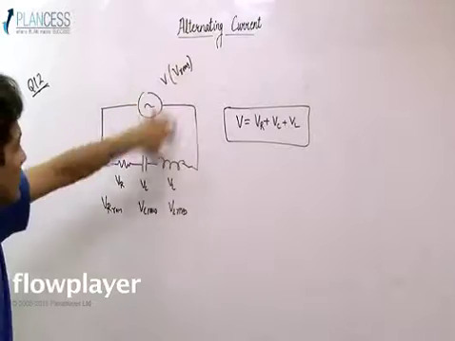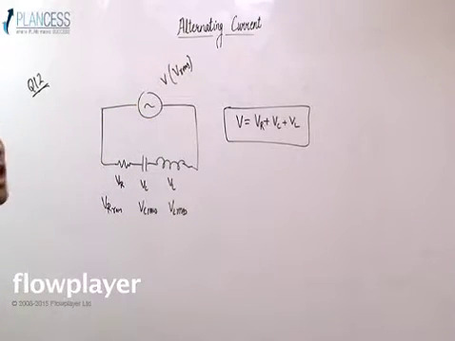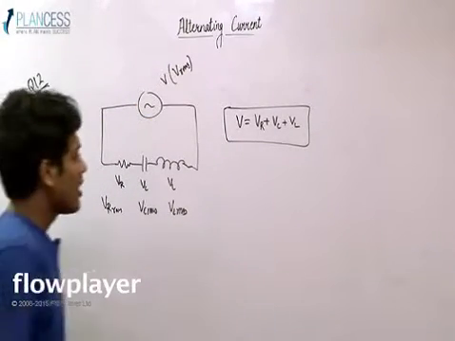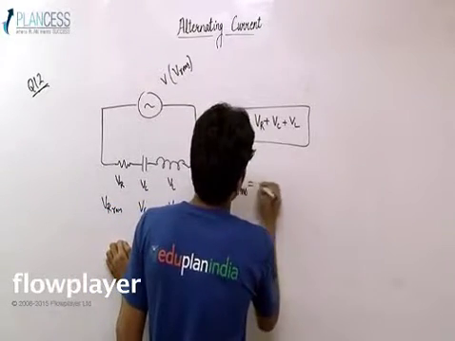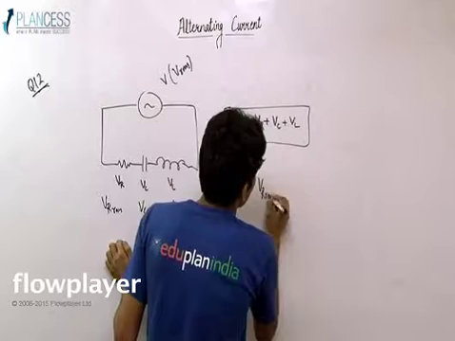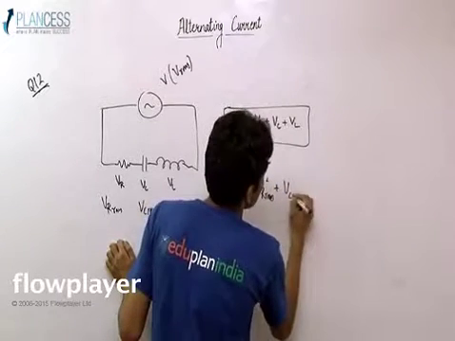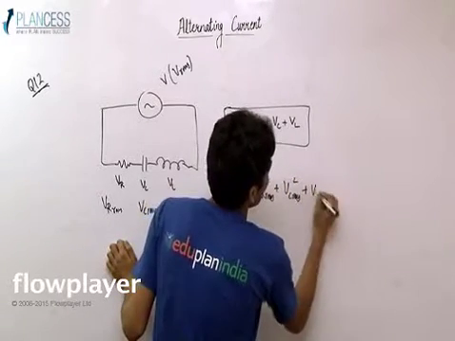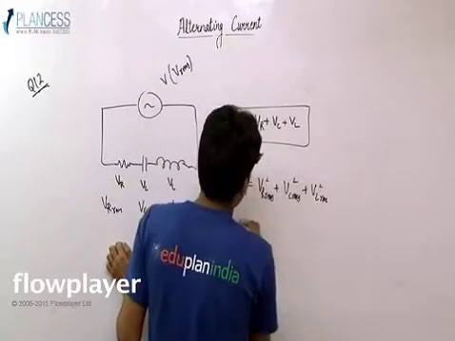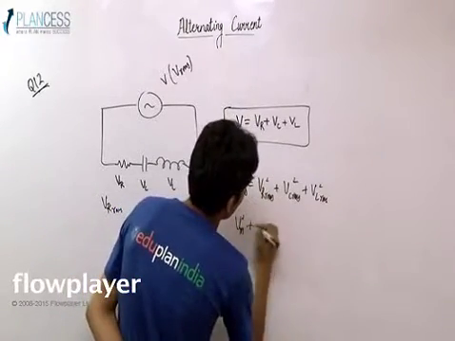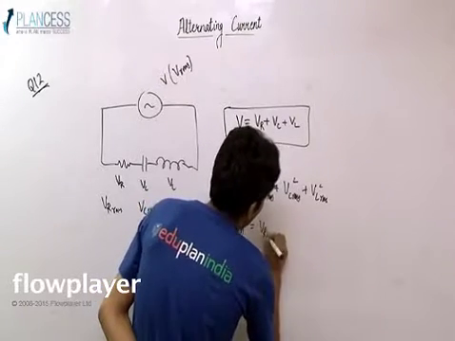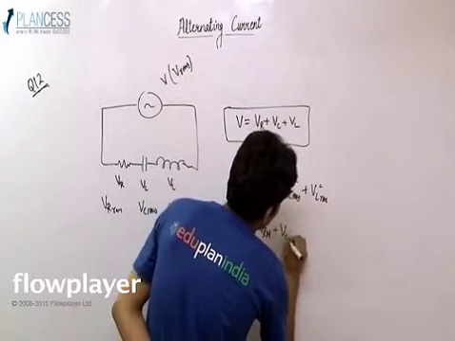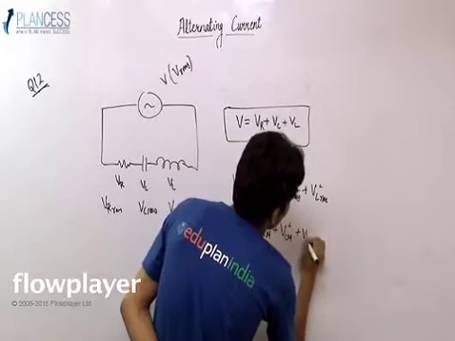What is the relation between these four quantities? The relation between them is V RMS square equals VR RMS square plus VC RMS square plus VL RMS square, and similar is the relation between the maxima, that is VM square equals VRM square plus VCM square plus VLM square.